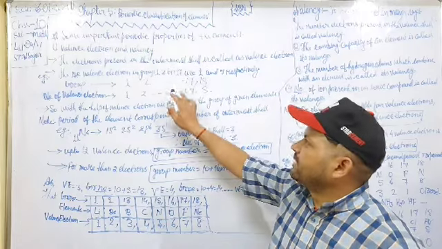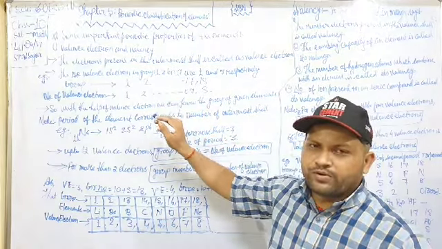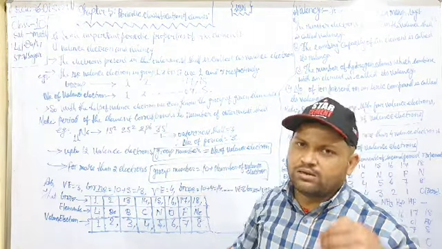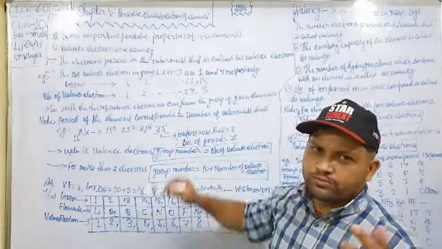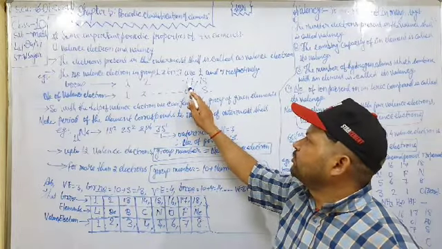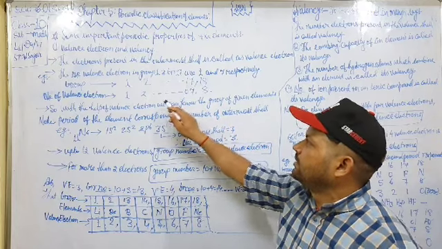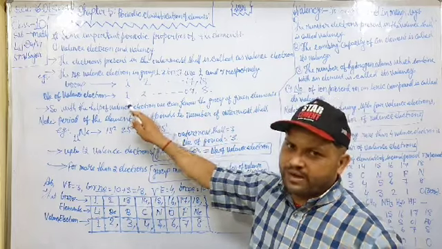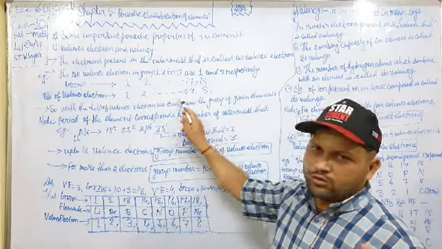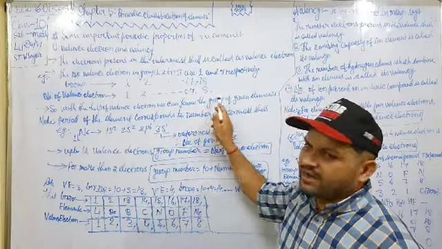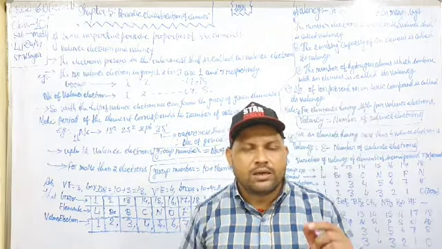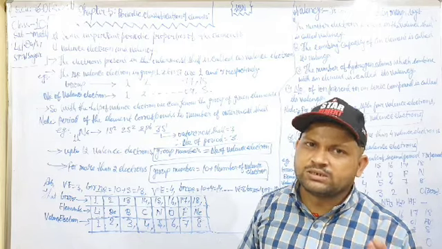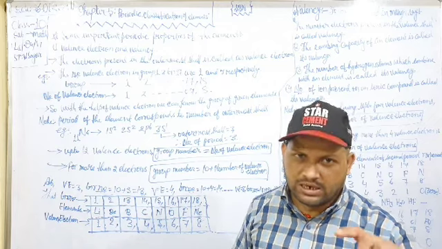Here you have to remember groups 13, 14, 15, 16, 17, 18. The number of valence electrons varies from 1, 2, and so on up to 7 and 8. That means in group 13 the number of valence electrons is 3. I will discuss it a little later.